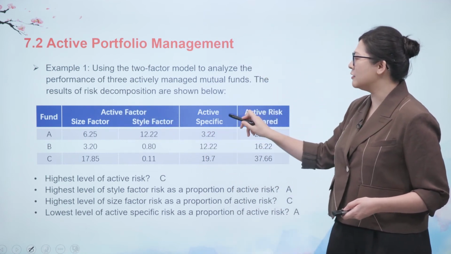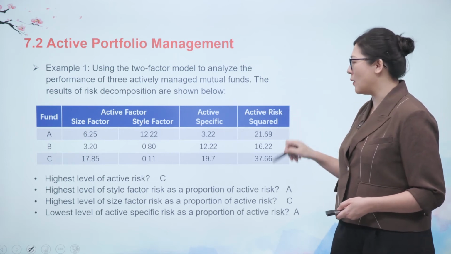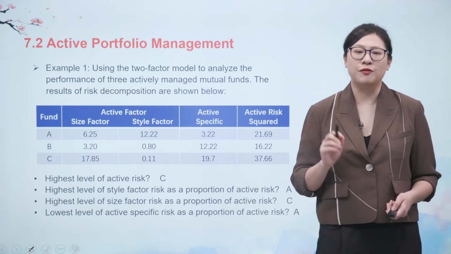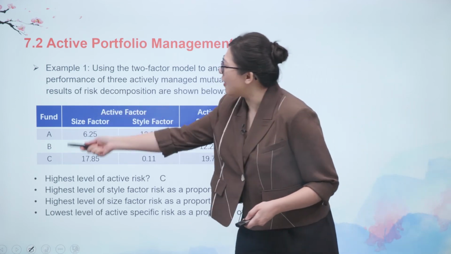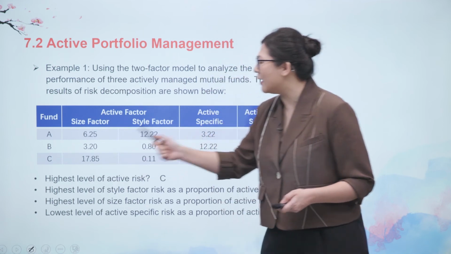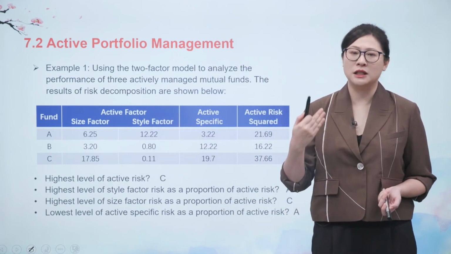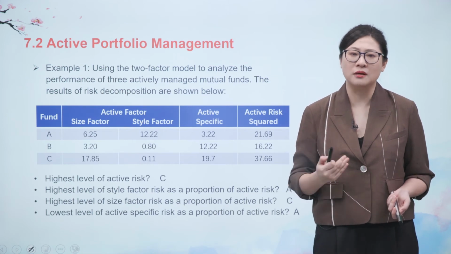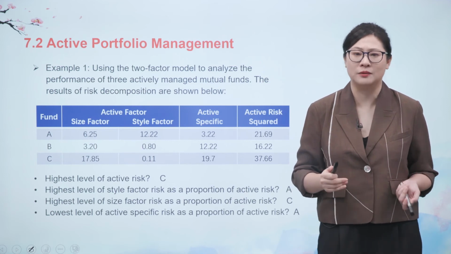The active specific risk and active risk squared are also given. The first question asks which mutual fund has the highest level of active risk? Remember, active risk squared should equal the active factor risk plus active specific risk.